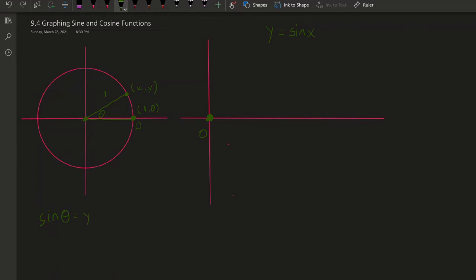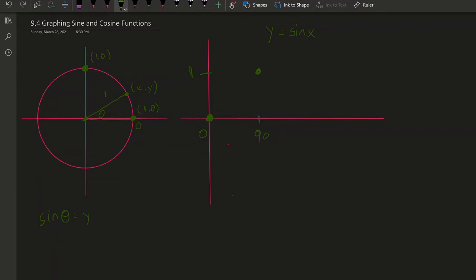So I want to go up to the next easy one to graph, and that would be right here. At 90 degrees, I get this point 0, 1. So right here, I'm going to say this is at 90 degrees, and I'm going to label this 1. At 90 degrees, the sine of x is 1.